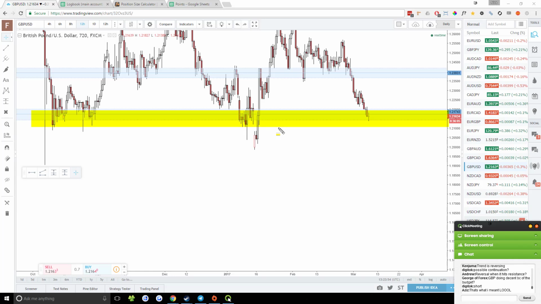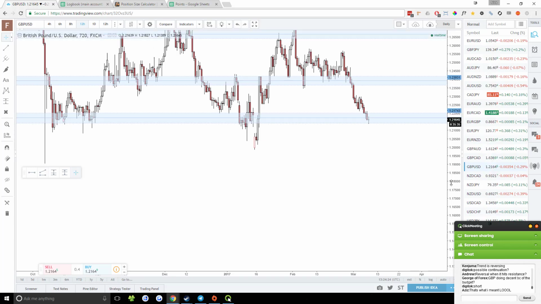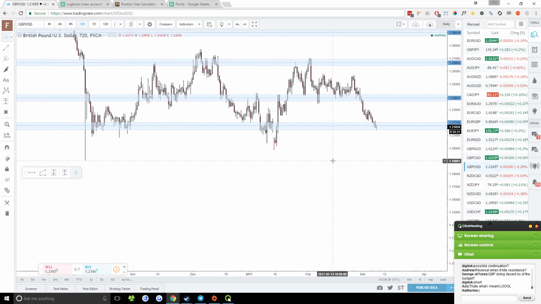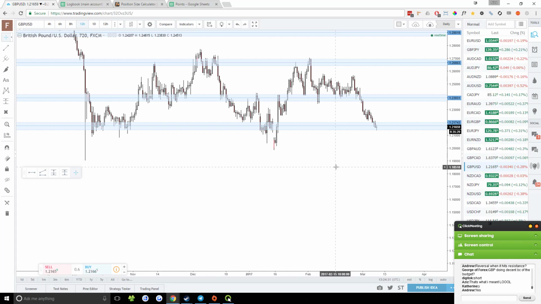It's pretty much the strongest support area we've seen in decades on GBPUSD. Does everyone agree with that? All right, if you actually agree with that, tell me why.